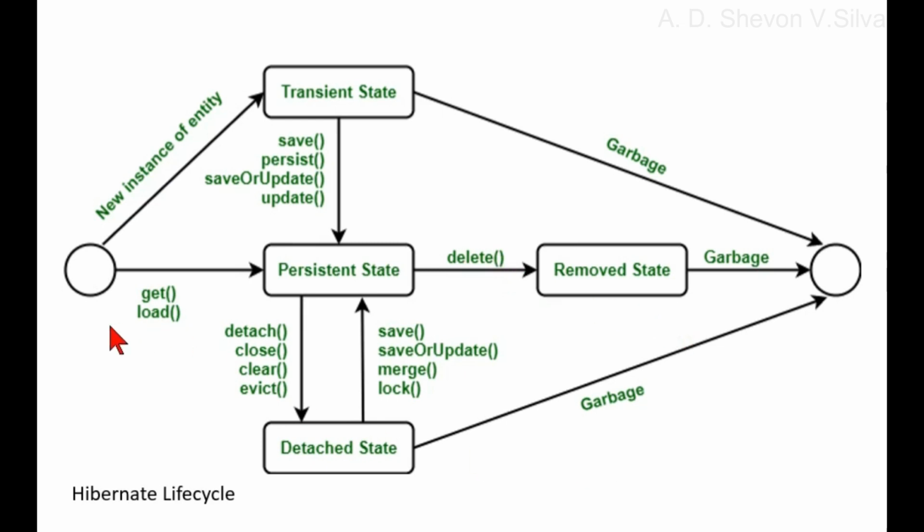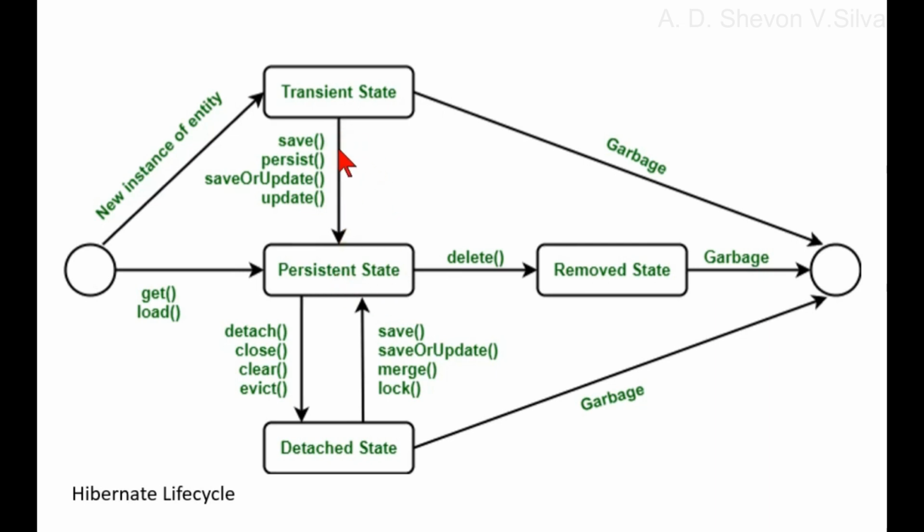Here you can see a new instance of an entity is passed to the transient state. Garbage is passed from the transient state. The transient state is connected to the persistent state.